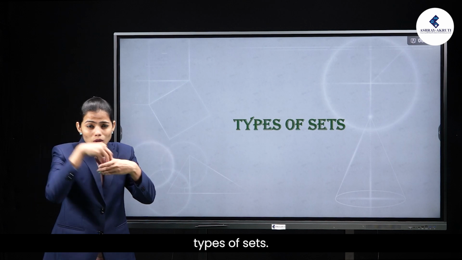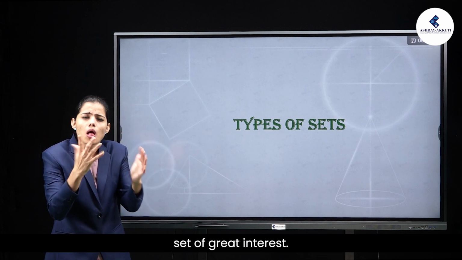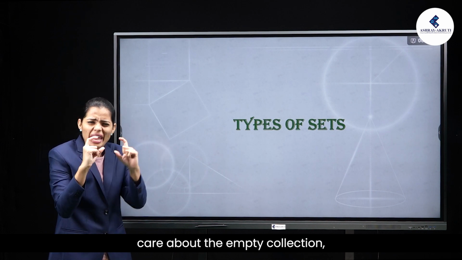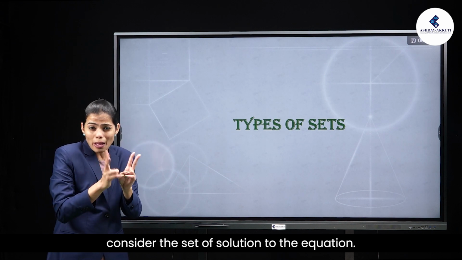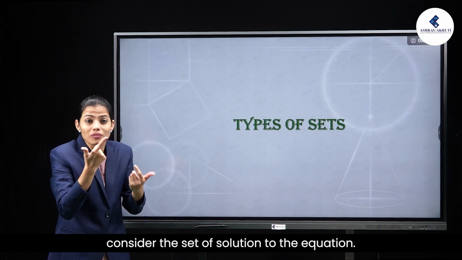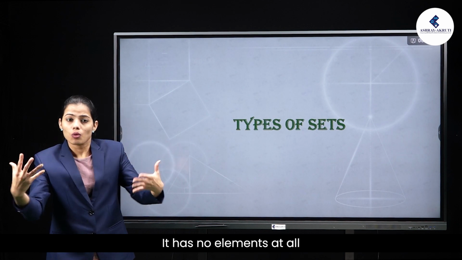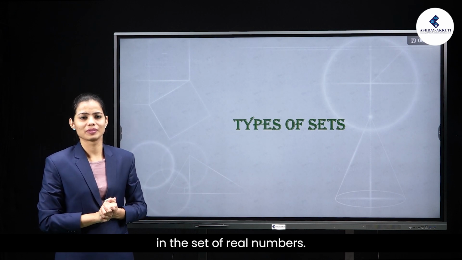Types of sets. There is a very special set of great interest, the empty collection. Why should one care about the empty collection? Consider the set of solutions to the equation x squared plus 1 equals 0. It has no elements at all in the set of real numbers.